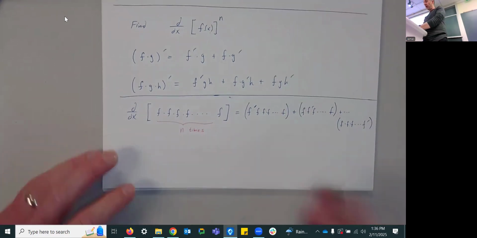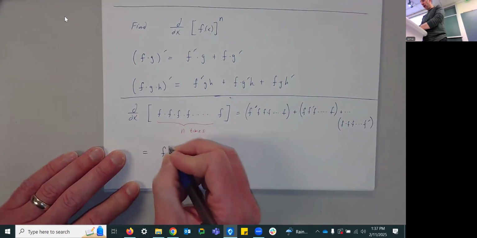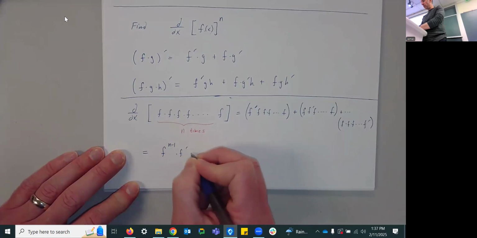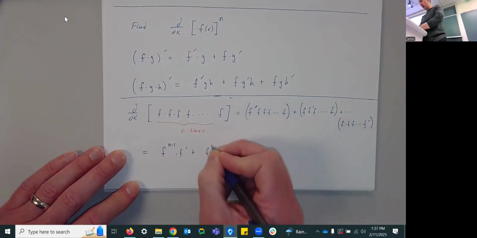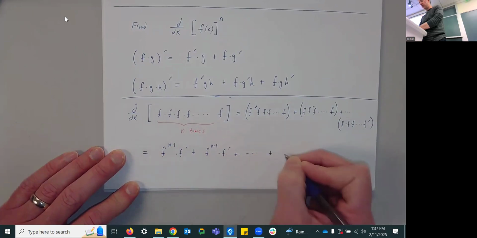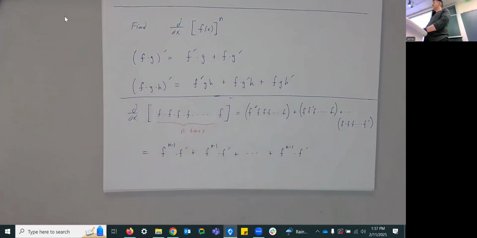Well, great. I could rewrite this then as f to the power of n minus 1 times f prime, plus another f to the power of n minus 1 times f prime, plus all the way to the very last term being another f to the power of n minus 1 times f prime. How many pieces did we say we had? n.